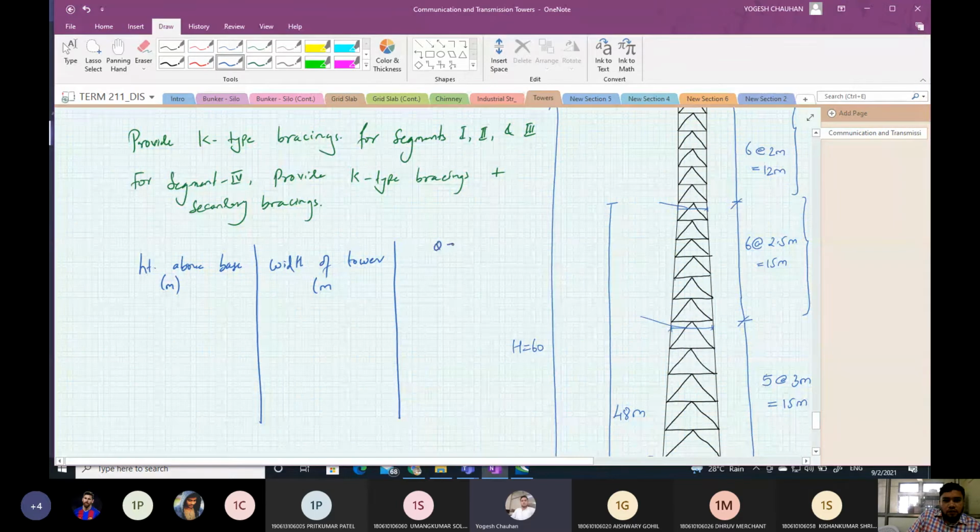We know the theta here is 2.3859 degree.